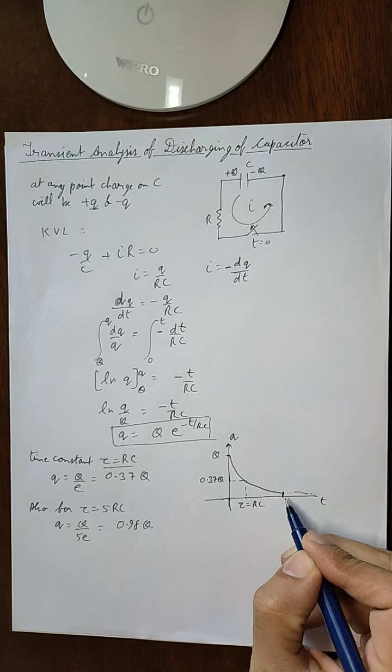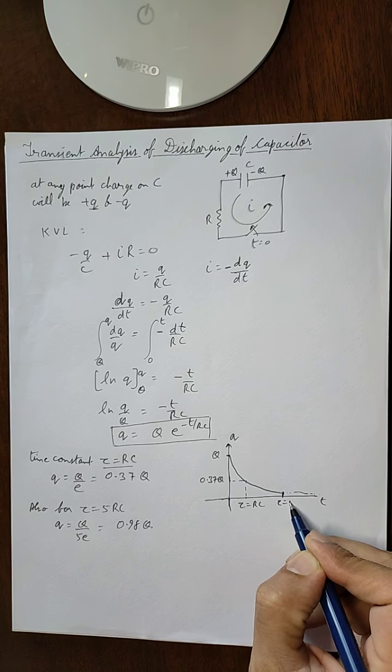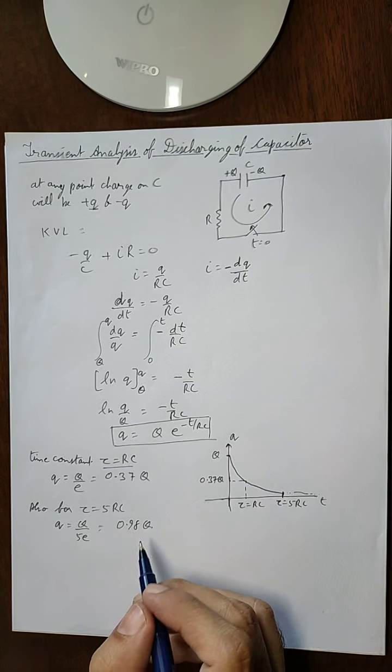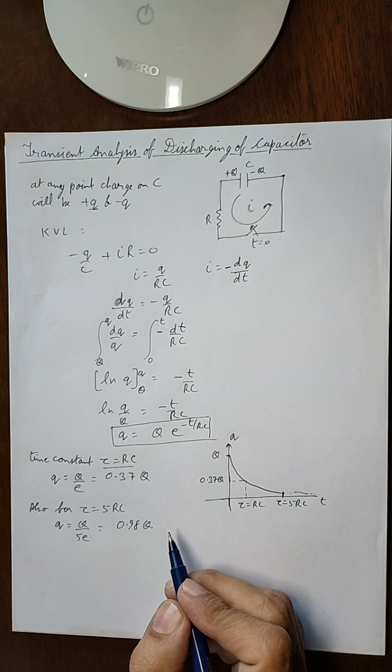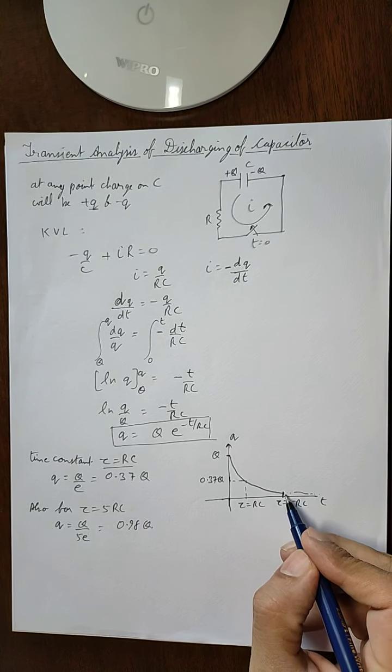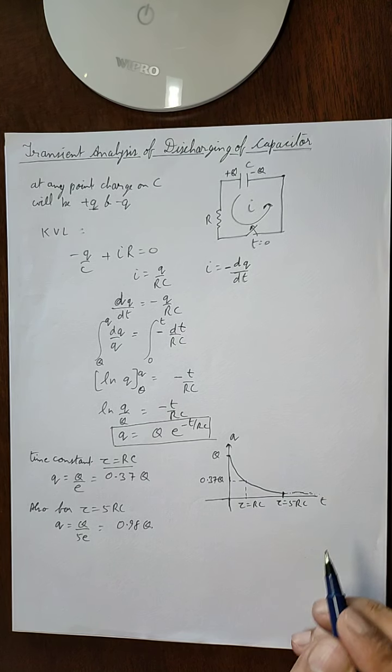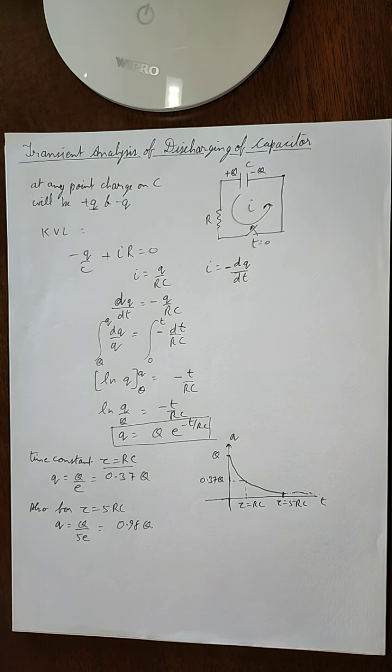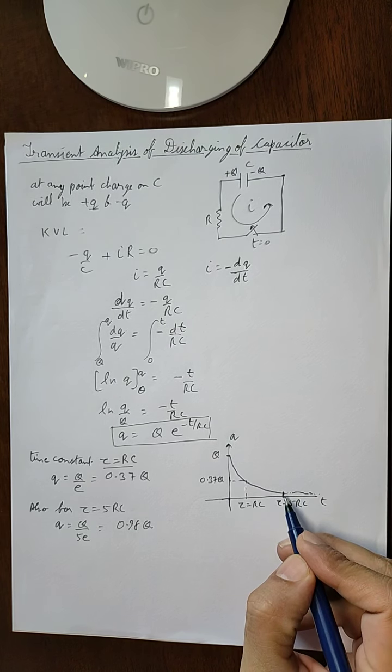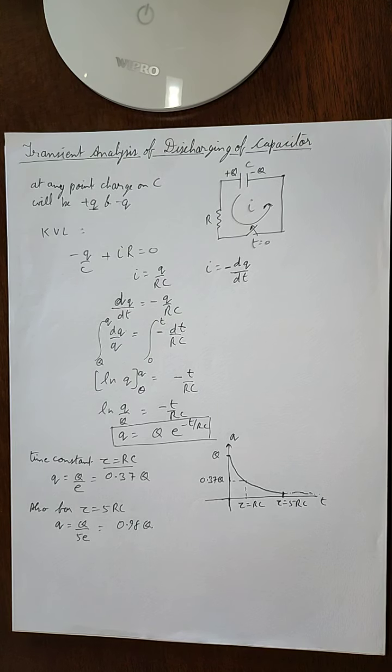So it will be somewhere here, tau equals 5 RC, and the capacitor only has 2% of the charge left. Now the remaining 2% of the charge will be discharged at some point in infinity, but for practical purposes we consider that at this point the capacitor is completely discharged, because we do not wait for infinite time to get the charge equal to 0.